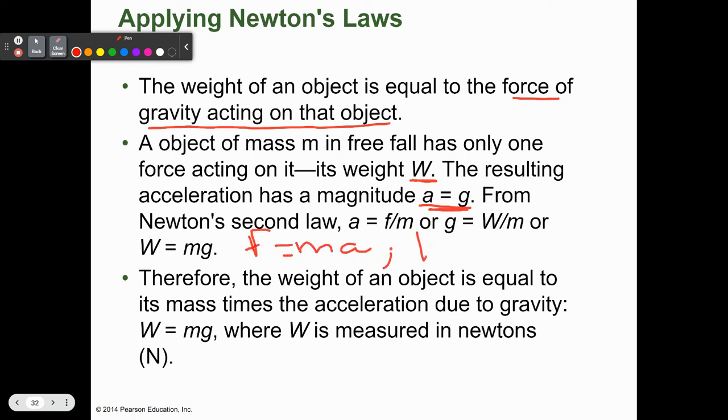We can also say that an object's weight, W, is equal to its mass times acceleration due to gravity, where capital W is our weight. And it's a little confusing. I would prefer you use FW because capital W looks a whole lot like work. So force due to weight of an object should really be abbreviated FW, force due to weight. And that's equal to mass times acceleration due to gravity.